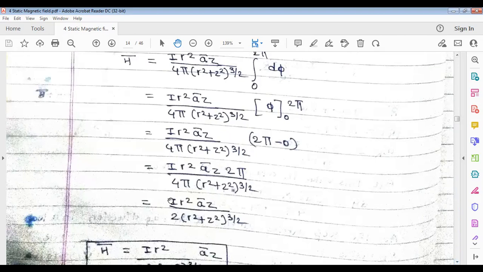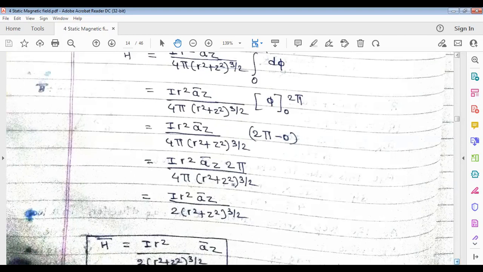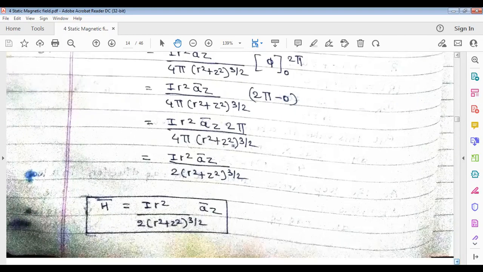So it is I r square a bar z divided by 2 into the bracket r square plus z square raised to 3 by 2. This is your final equation for h bar. Which type of filament is this equation due to?